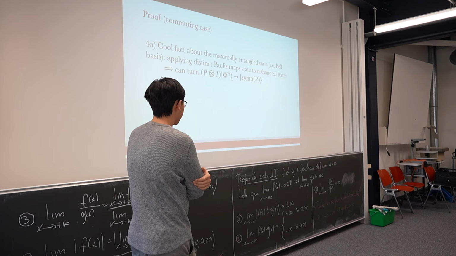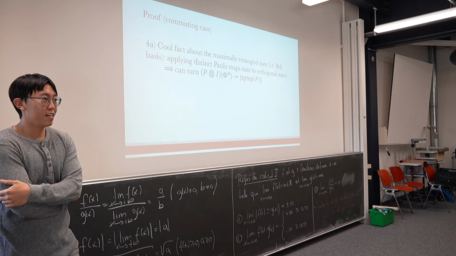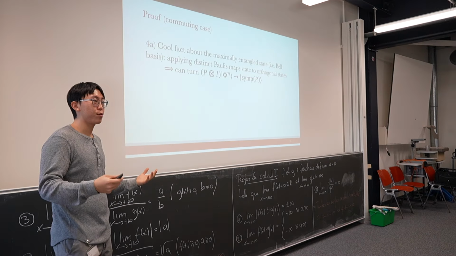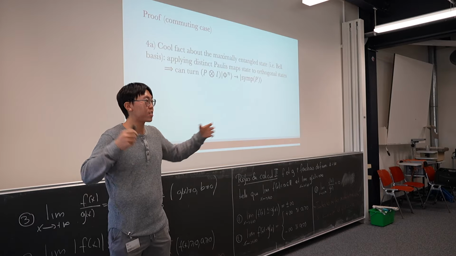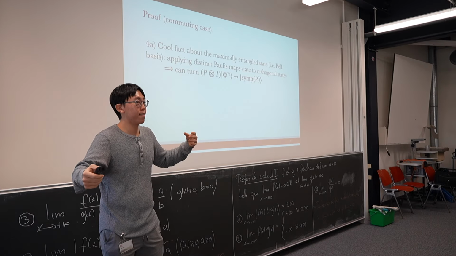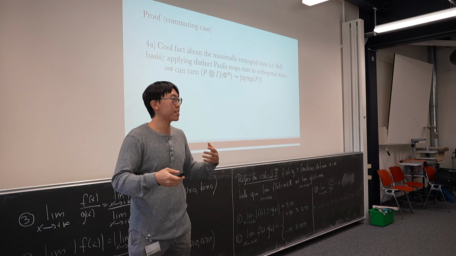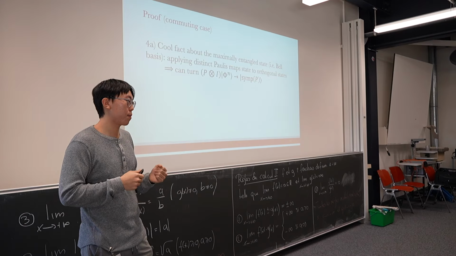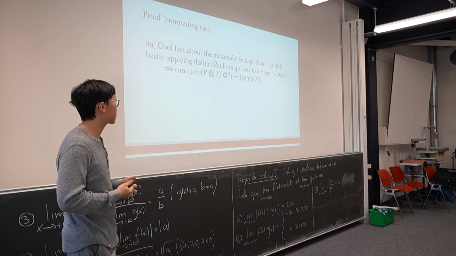To do this, we'll exploit a fun fact about maximally entangled states. This is the fact that when you apply different Paulis to a maximally entangled state, you will take that state into different orthonormal states. In the case of just a single Bell pair, this is called the Bell basis. Different Paulis applied to the Bell state will turn it into orthogonal maximally entangled states.